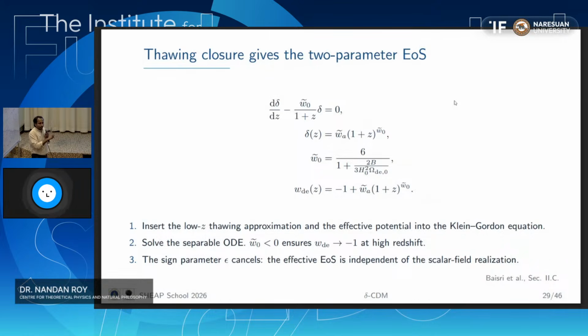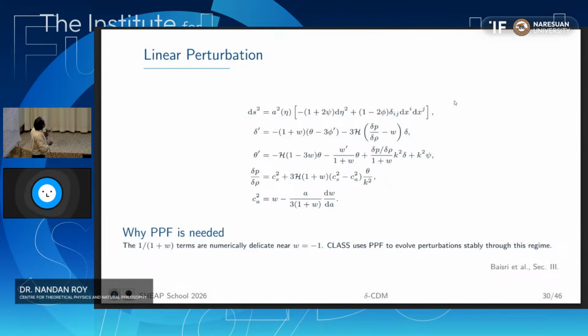We impose this to be consistent with the physical model we are building. But even though this model is not crossing, in the early time the equation of state will go to minus 1, and then you will have the same problem. That's why we use this PPF approximation. This is the approximation scheme to make the fluid cross the phantom barrier without diverging the perturbation.